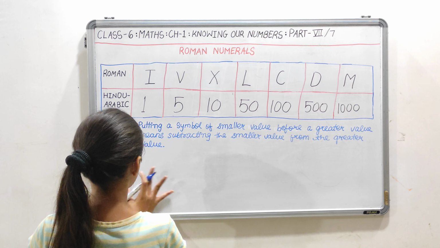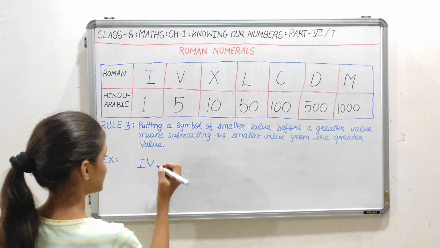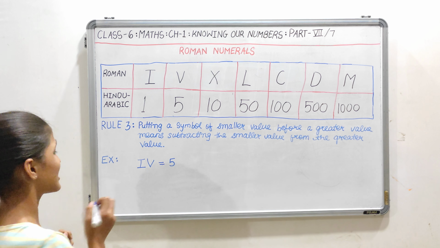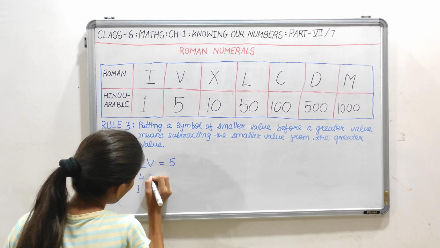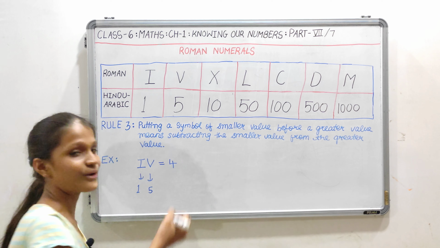Because this is 1 and this is 5, this number is called 4.